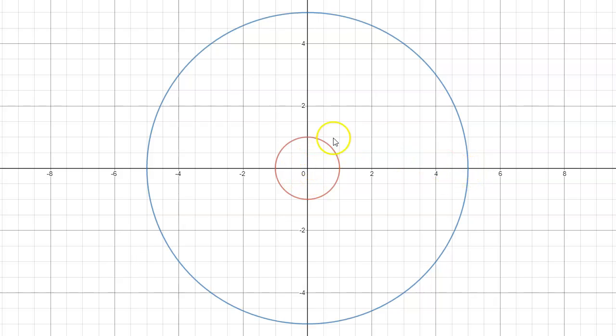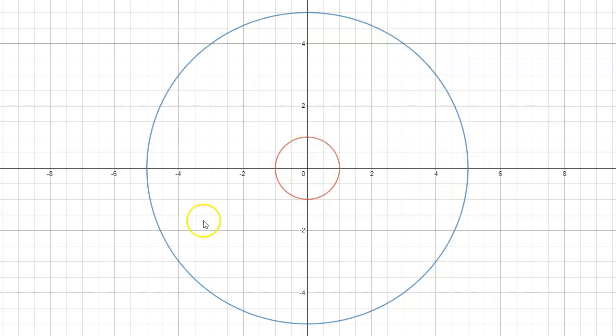In fact, in terms of area, notice this circle is way more than 5 times the area of this one. You could easily put one of those right there, another one there, another one there, and you could easily fit 5 in here with tons of room left over. In fact, the area of this circle is actually 25 times the area of this one, right? If you think of pi r squared, this would be 25 pi, and this would have an area of 1 pi.